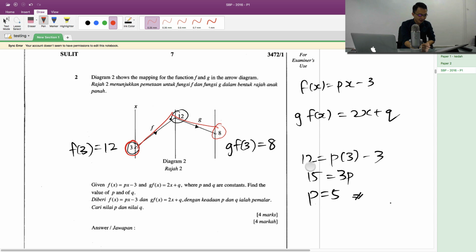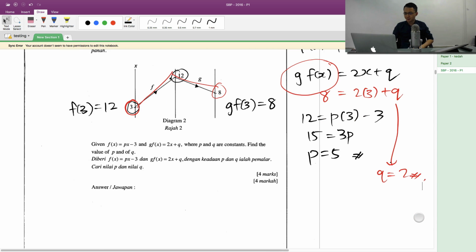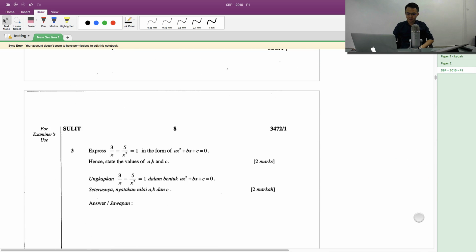So the whole thing equals 8 if I substitute 3 into x: 2 times 3 plus q. So q equals 8 minus 6, so q equals 2. Alright, you should be able to understand, right? This one is considered very easy. If there is anything you can't understand, please let me know.